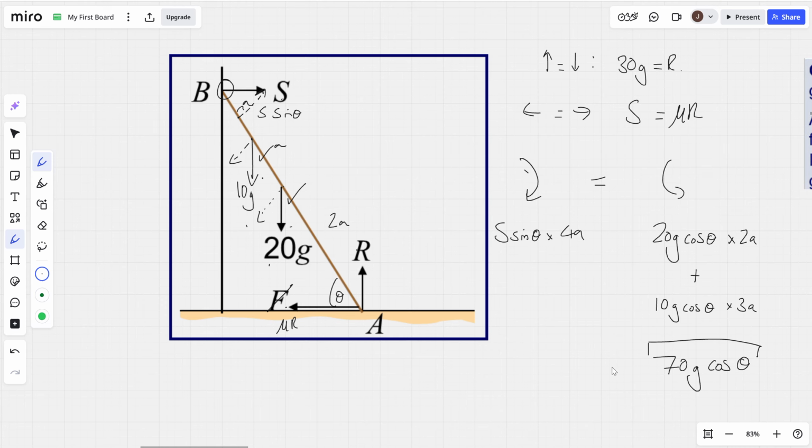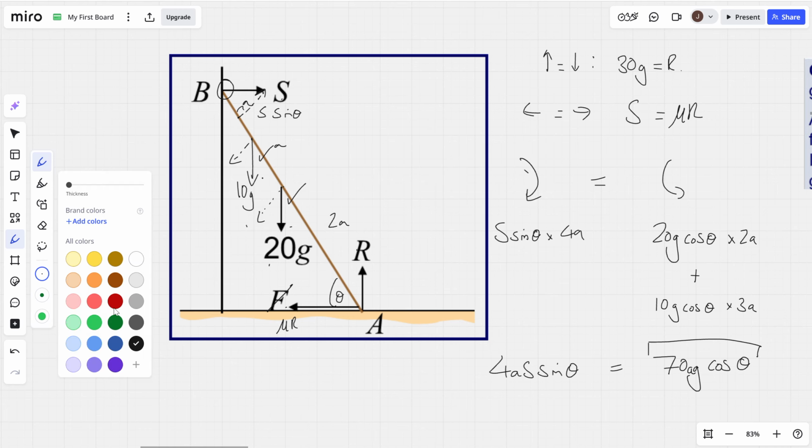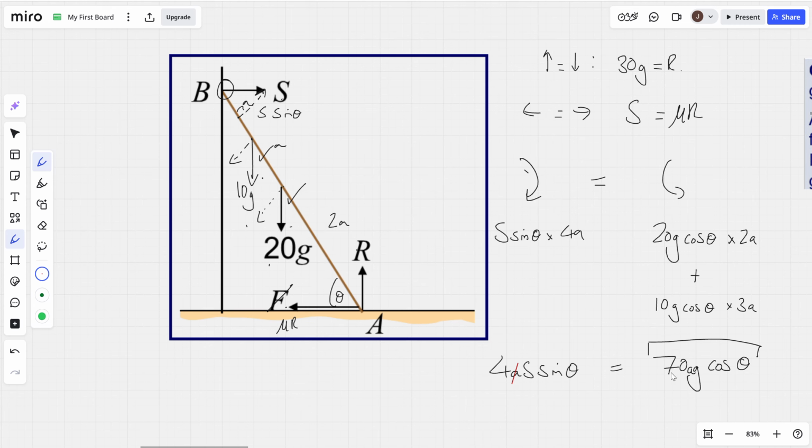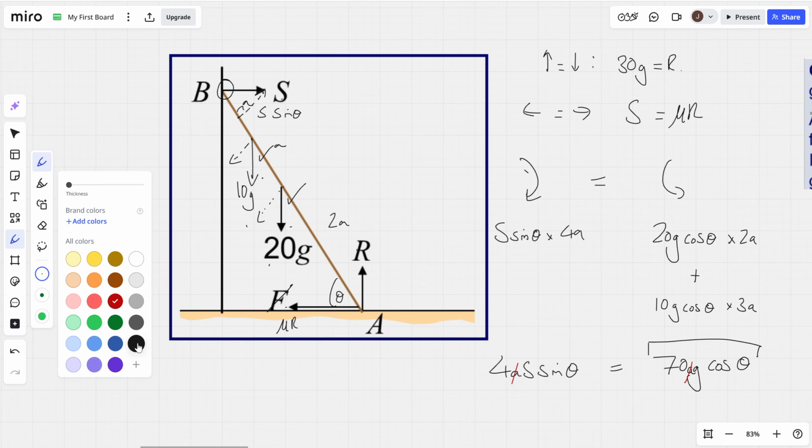So that must mean that that is equal to 4. Oh, I've forgotten the A's on here, haven't I? That's why we've got to check our work. No M's in this one. So 4AS sine theta. I can then cancel those A's, as we often do. And I should now be in a position then.